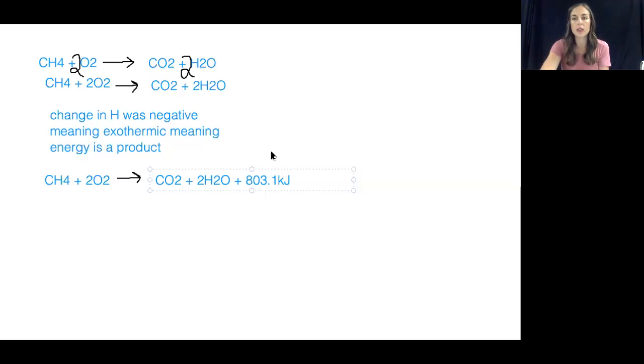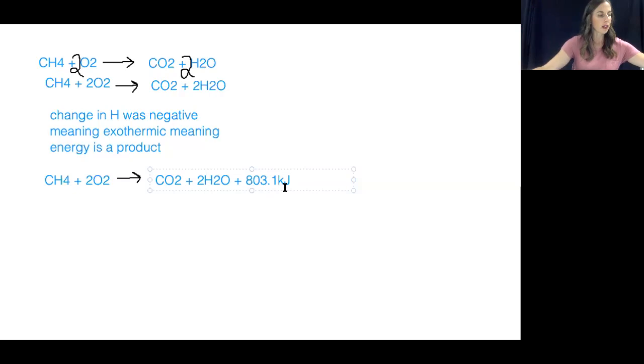Yes, they did give it to me in negative, but that's just telling me that it's a product, not a reactant. It's still going to be positive when I add it on to my equation as a product. Okay, I hope that made sense. If not, we're about to do a few more.